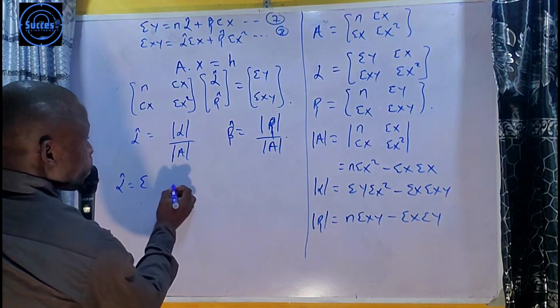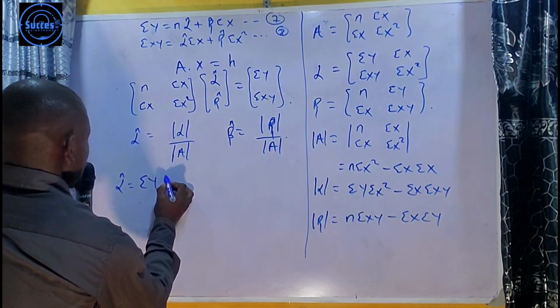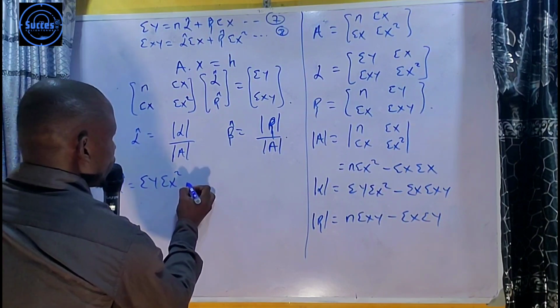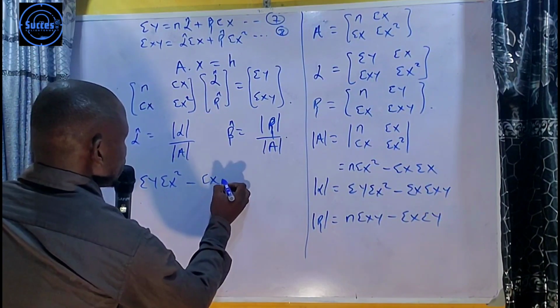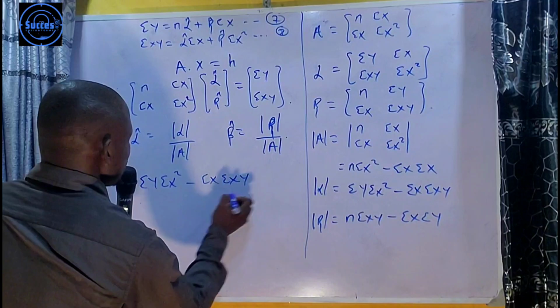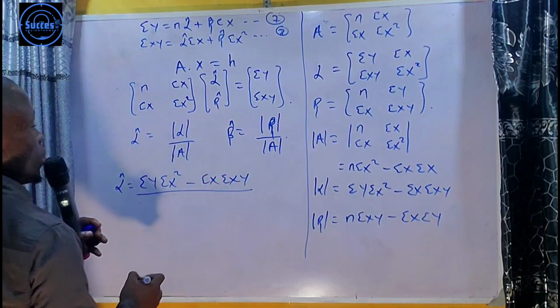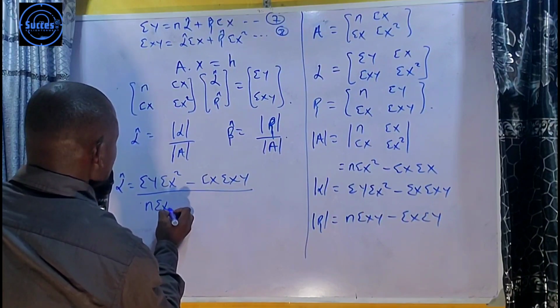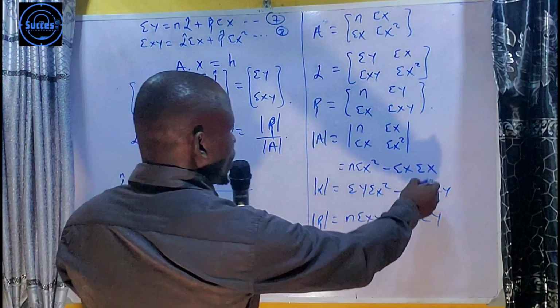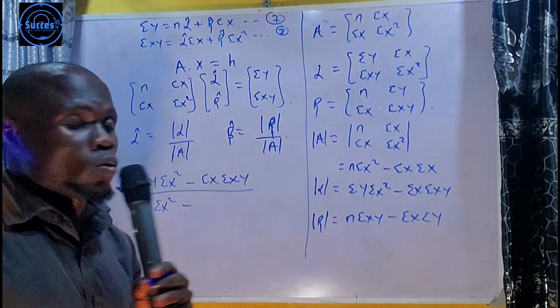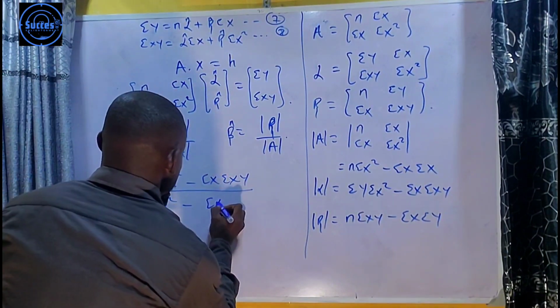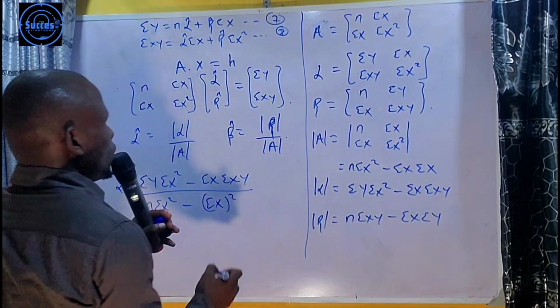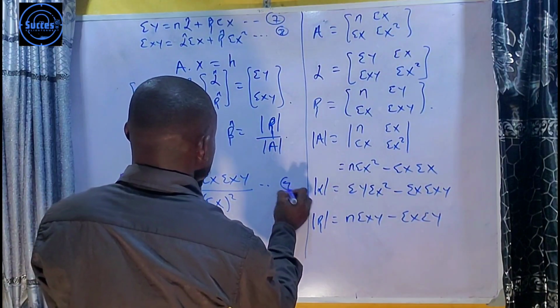Alright, so here our alpha cap or alpha estimate will then be summation y, summation x square minus summation x, summation xy, all divided by n summation x square minus summation x all square. Right, you can call this equation 9.